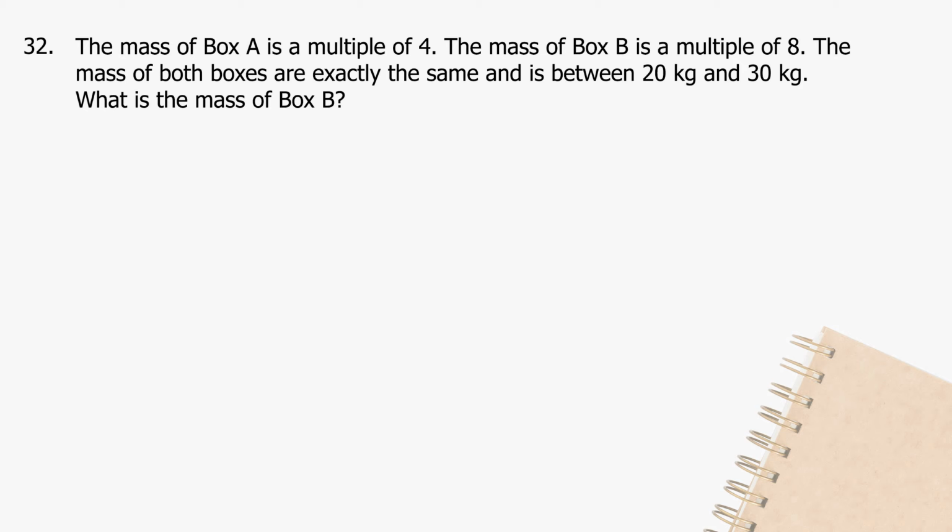Question 32. The mass of box A is a multiple of 4. The mass of box B is a multiple of 8. The mass of both boxes are exactly the same, and is between 20 kg and 30 kg. What is the mass of box B?